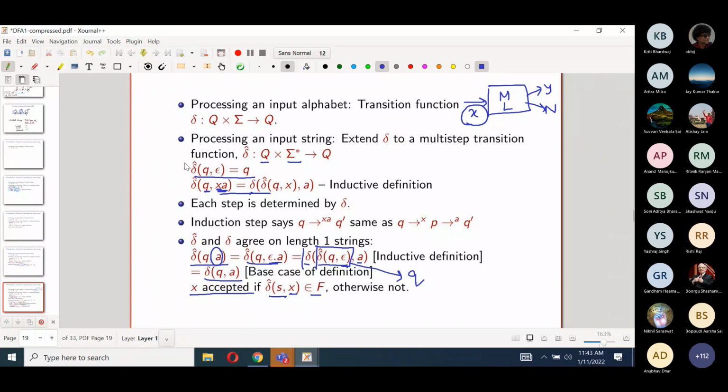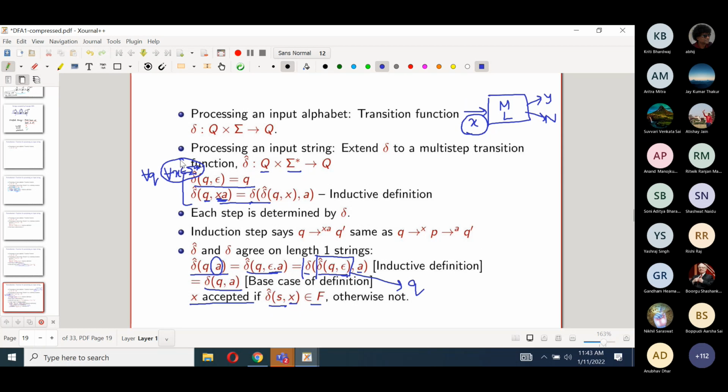Sure, I could say for all Q, for all X in sigma star, in English. This description is the inductive description. But ma'am, the for all X in sigma star is not finite. Yeah, mathematically you can't represent it, right?